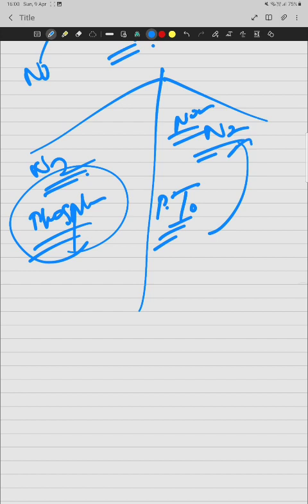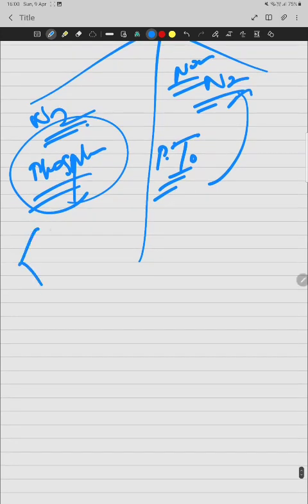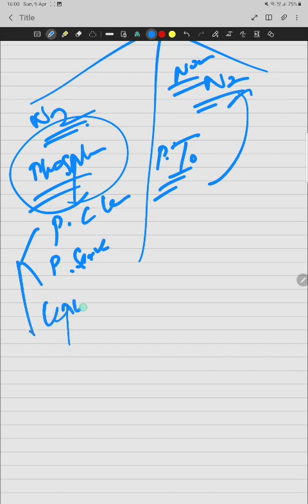This is what they asked in the last NEET. Phosphatidylcholine is lecithin. Phosphatidylserine is nitrogen containing. Phosphatidylethanolamine is cephalin.